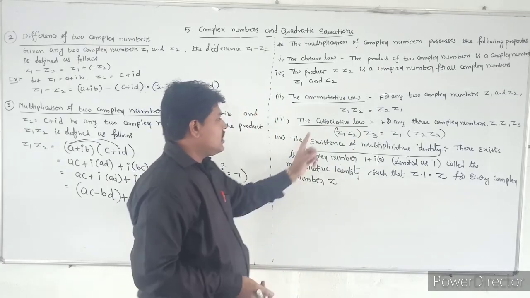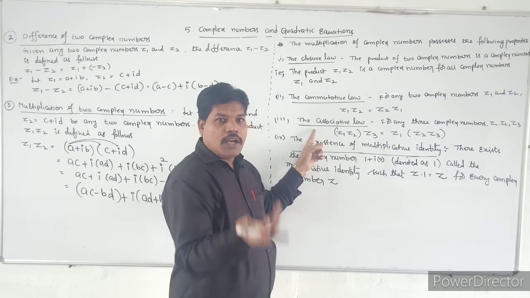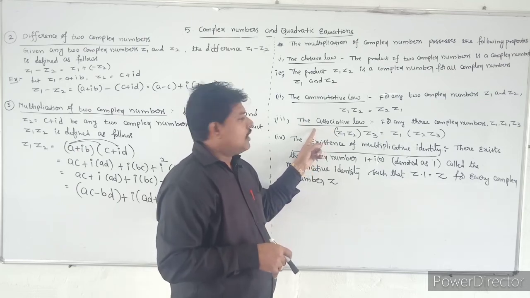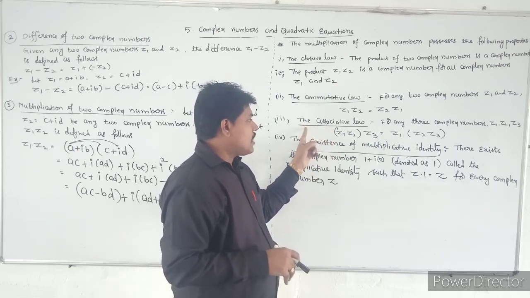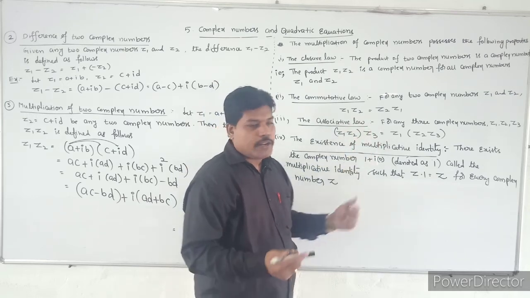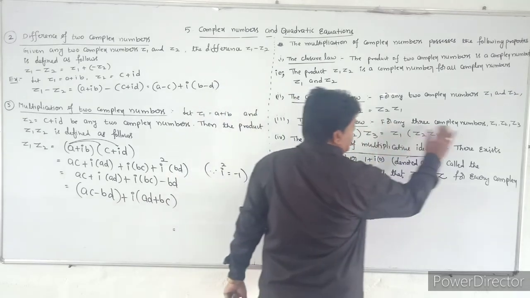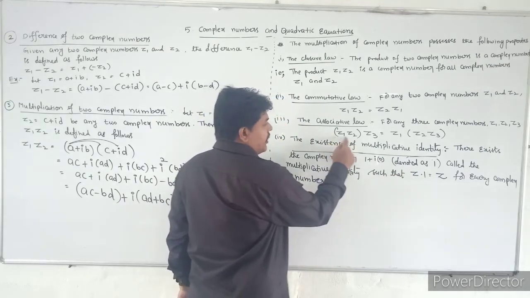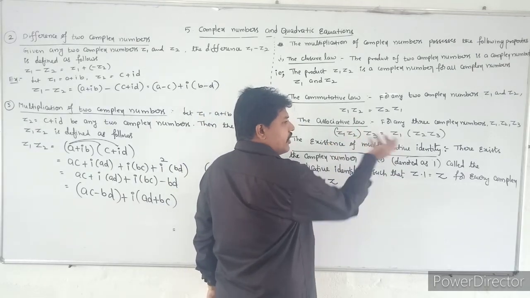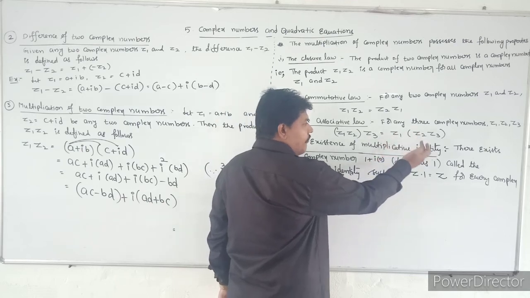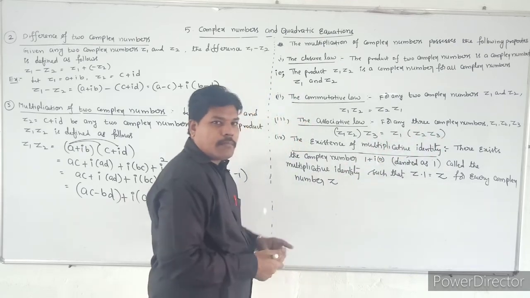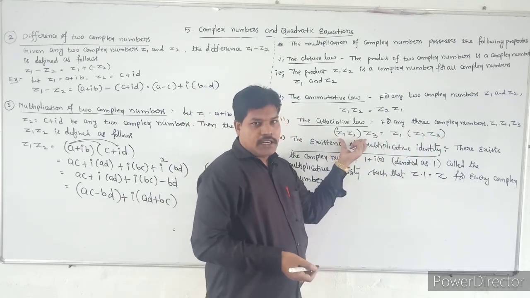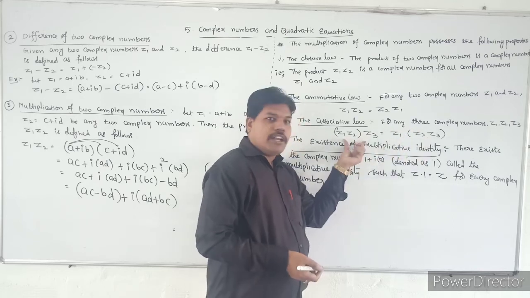Next, see one more property. In the addition also we have already taken it; in the multiplication, the associative law. What is the associative law? For any three complex numbers Z1, Z2, Z3, Z1 into (Z2 into Z3) is equal to (Z1 into Z2) into Z3. You can multiply in this order or in that order. What is the meaning of this?